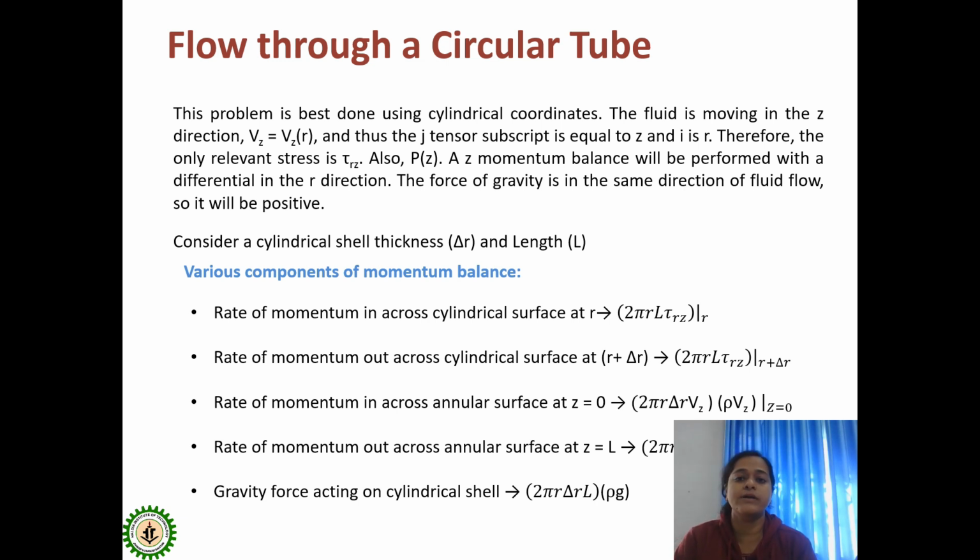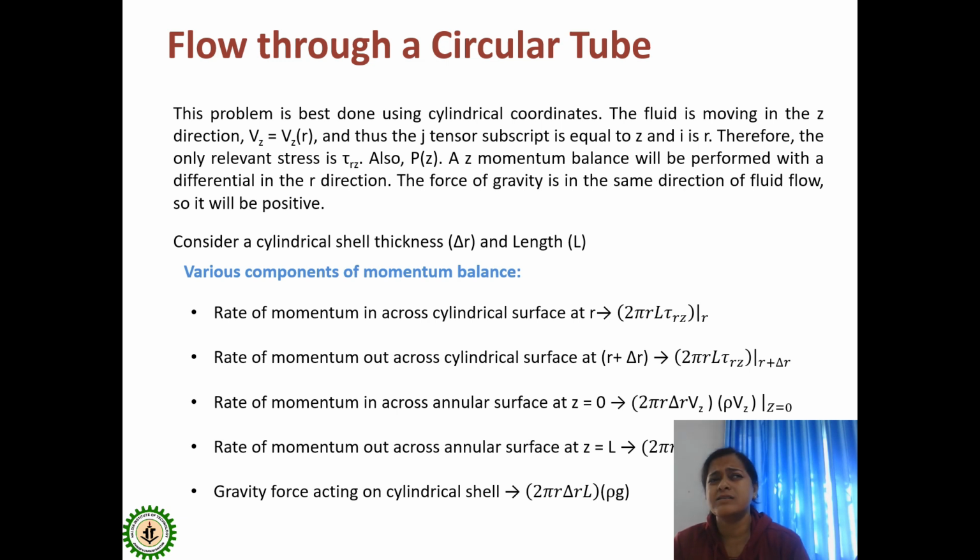The momentum balance will be performed with a differential in the r direction, and the force of gravity is in the same direction as the fluid flow, so it will be positive. Next, consider a cylindrical shell of thickness delta r and length capital L.